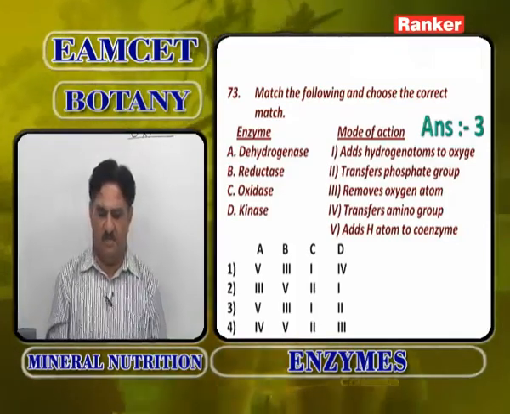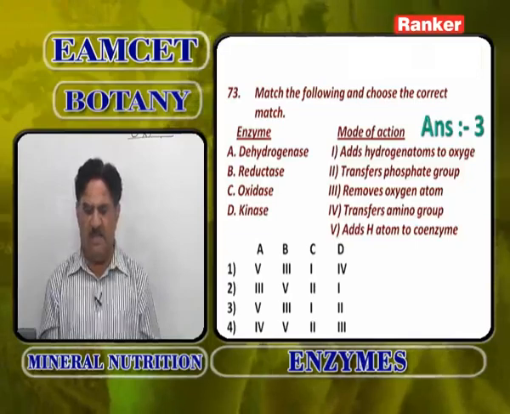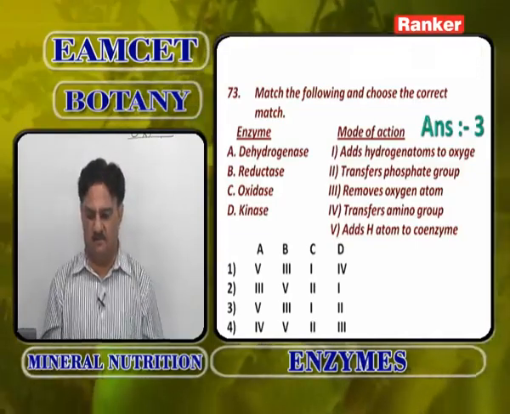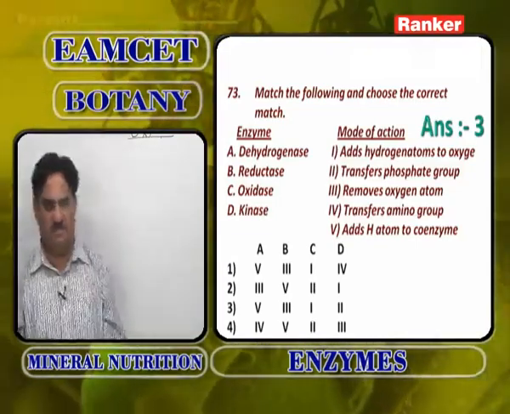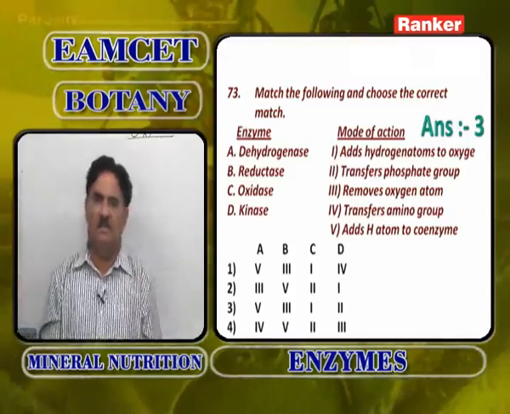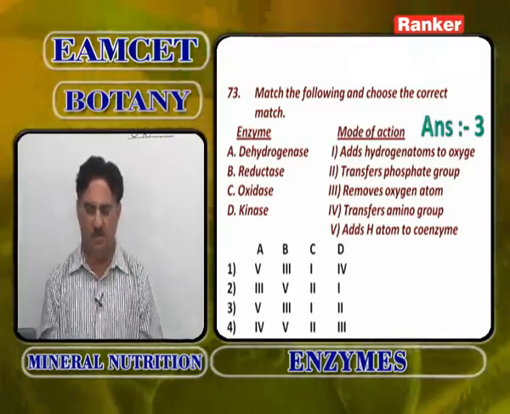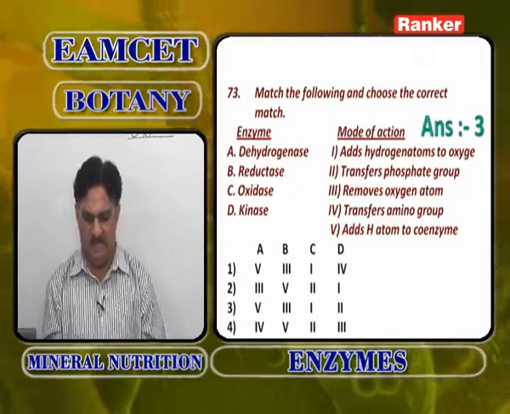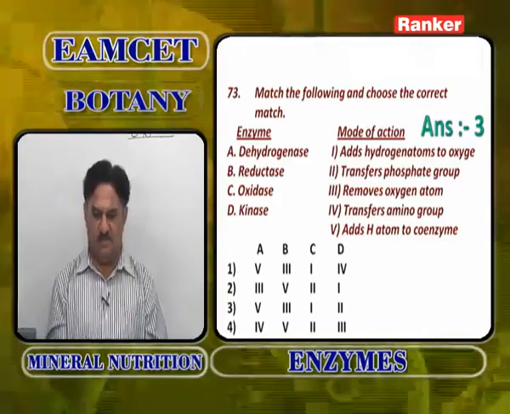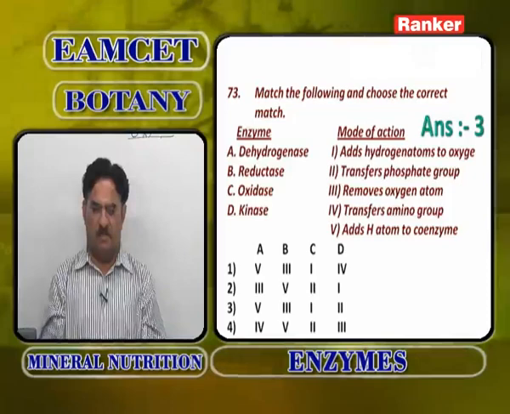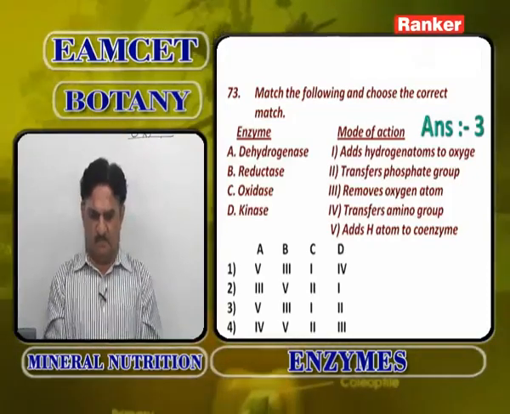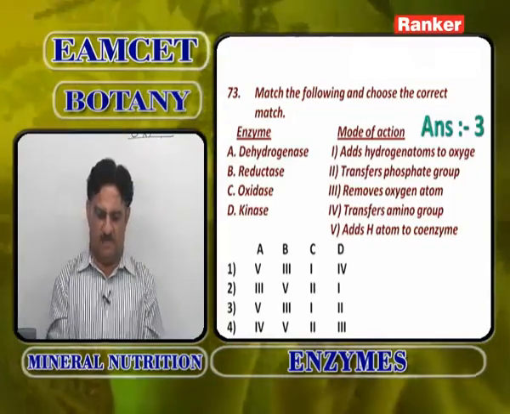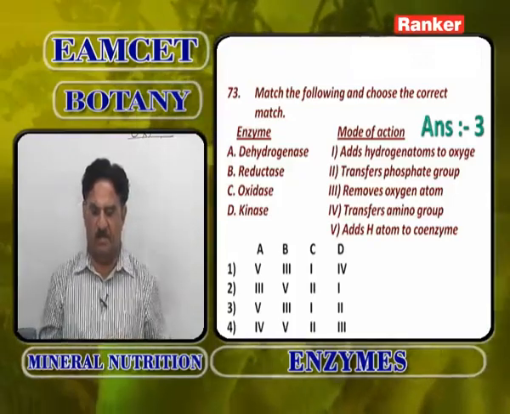So reductases. Oxidases add hydrogen atoms to oxygen; glycolic acid oxidase converts glycolic acid to glyoxylic acid and H2O2 is formed. Then kinases always transfer phosphate group. So answer is 3. A5, B3, C1, D2.